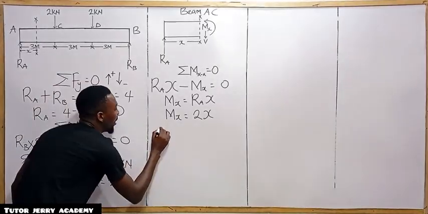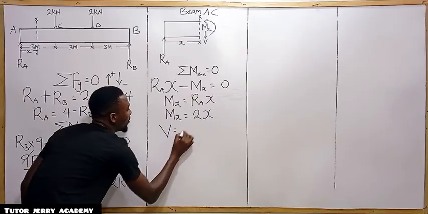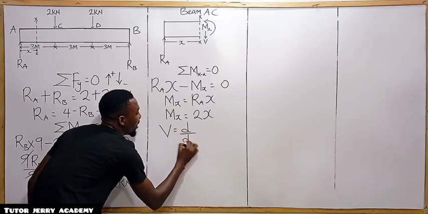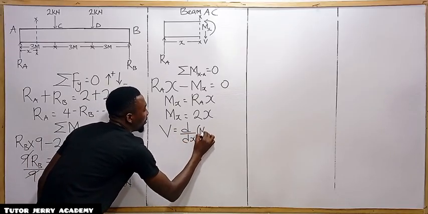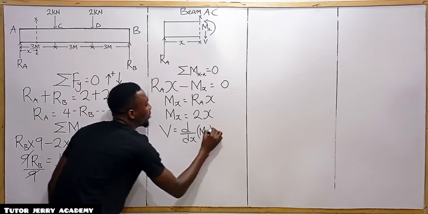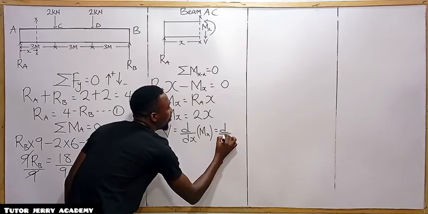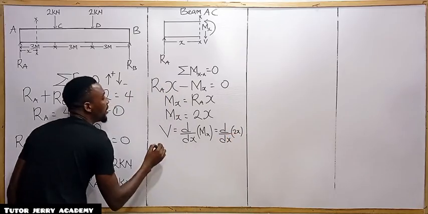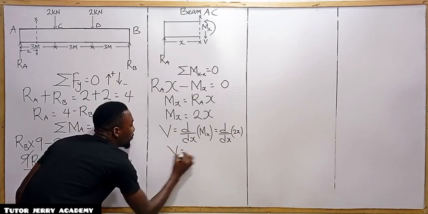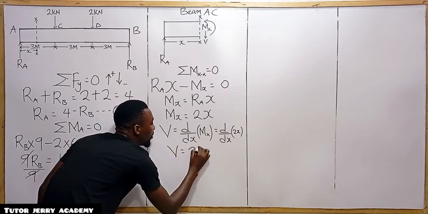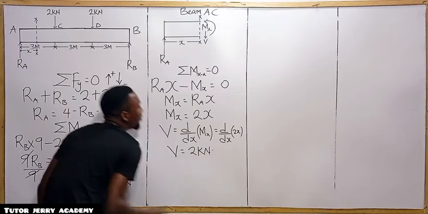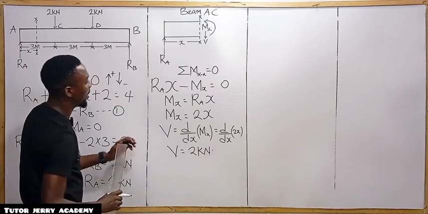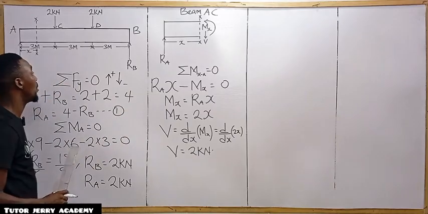So shear force is equal to d/ds of the moment along the sectioning part, which is d/ds of 2S. If you differentiate 2S, you have V equal to 2 kilonewton. So we are done with that part. The value of shear force there is 2 kilonewton.